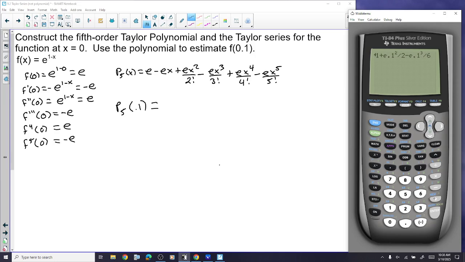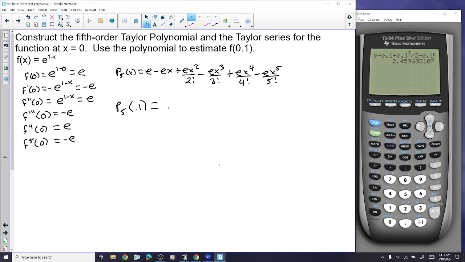Divide by 6, plus e 0.1 to the fourth divided by 24. And finally minus e 0.1 to the fifth divided by 120. See how we did. 2.45, keep going.